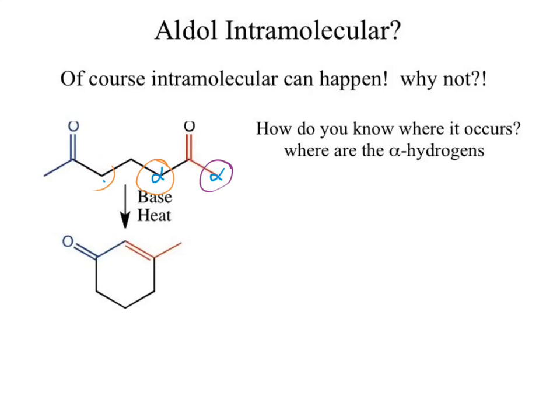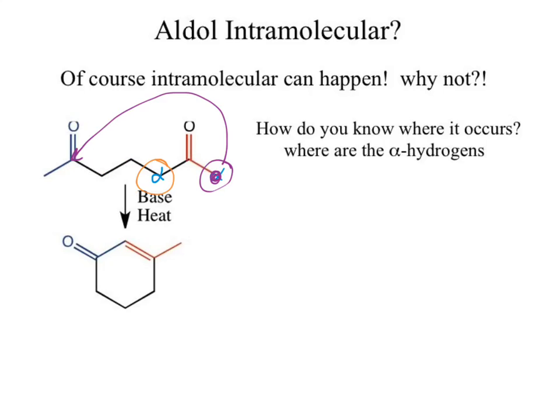No difference, so let's erase that one as well. What happens if we enolize that purple one and we have an attack over here? How many carbons would be in the ring? 1, 2, 3, 4, 5, 6 carbons. We'd have a 6-membered ring.